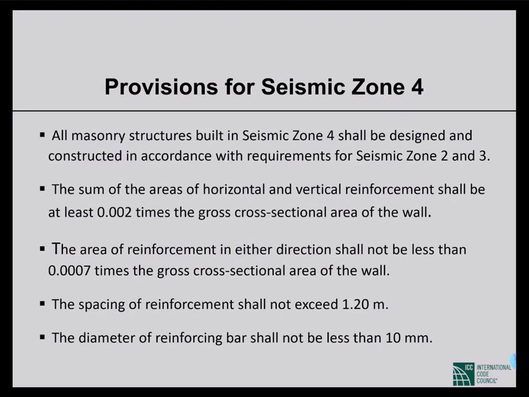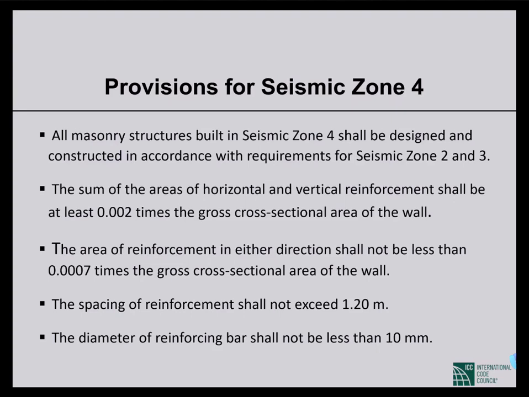The area of reinforcement in either direction shall not be less than 0.0007 times the gross cross-sectional area of the wall. So there is a minimum in each direction. The spacing of reinforcement shall not exceed 1.2 meters, both for horizontal and vertical, and the diameter of reinforcing bar shall not be less than 10 millimeters.